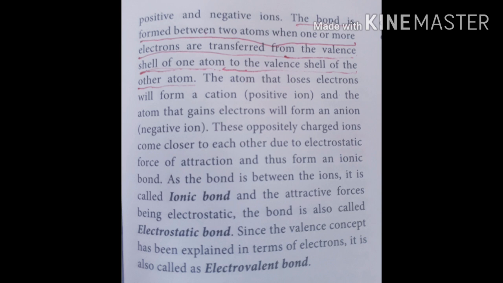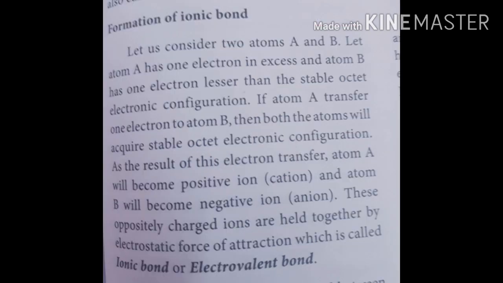Okay. Let us move on to the formation of ionic bond. Let me explain how this ionic bond is formed. Let us consider two atoms, A and B. Atom A has 1 electron in excess, and atom B has 1 electron less than the stable octet electronic configuration.